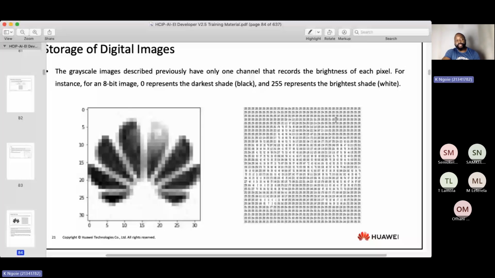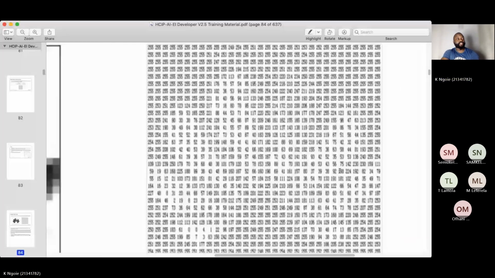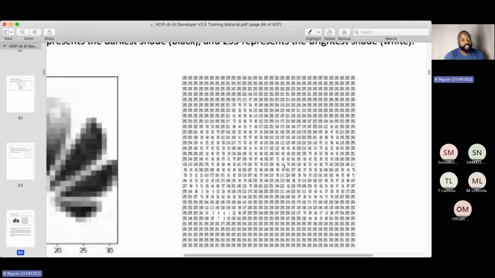How many of these numbers do we have? Guys, this is a simple question. Is there anybody who doesn't know how to get the numbers?